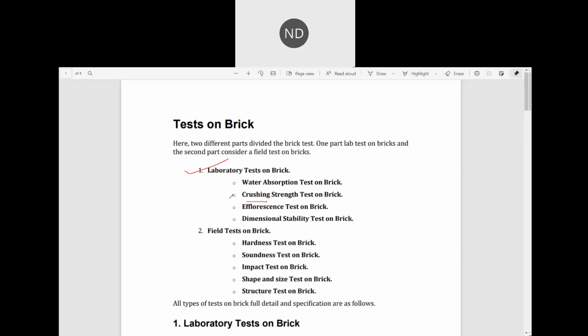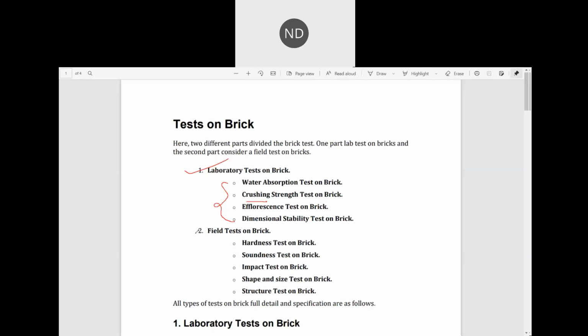Next is your crushing strength test on brick, then the efflorescence test on brick, and then the dimensional stability test on brick. These are your laboratory tests which we need to perform on the bricks to check the brick quality, whether it is good or not for your construction.